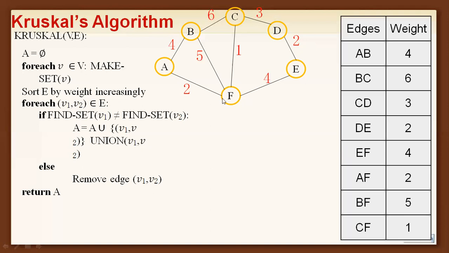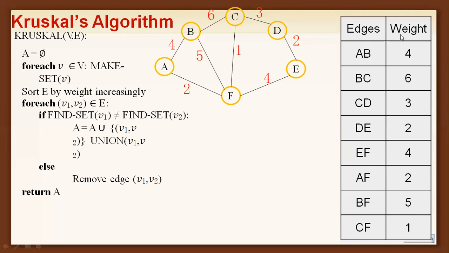A to F is another edge of weight 2. B to F is another edge of weight 5. And C to F is another edge of weight 1. So now a table is constructed by considering the edges and weights from the given graph.